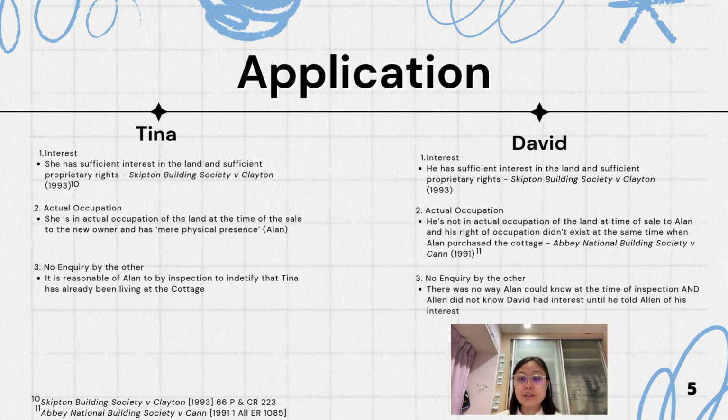For the third element, no inquiry by the other, there was no way Alan could know at the time of inspection, and Alan did not know David had an interest until he told Alan of his interest. So David did not satisfy elements 2 and 3 to override Alan's interest.